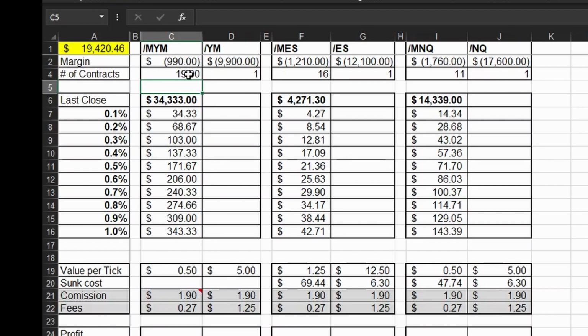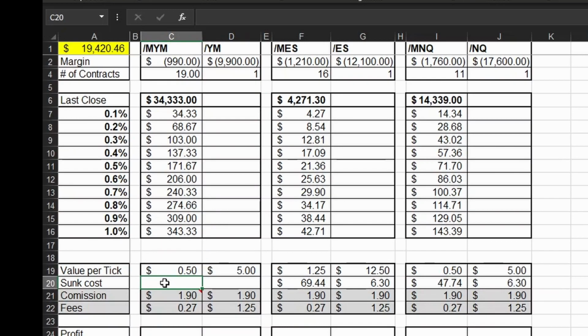That shows me that I can afford 19 contracts of the MYM, or one contract of the YM using the $19,420.46. Or if I want to maximize my cash, I could in theory also trade one YM and 9 MYM, which sometimes I try to do. But as of right now, I'm just focusing on one YM and scaling up to go back to trading 2 YMs.